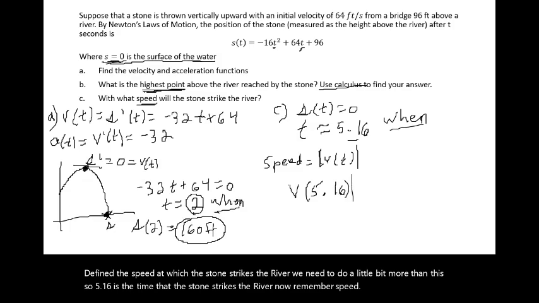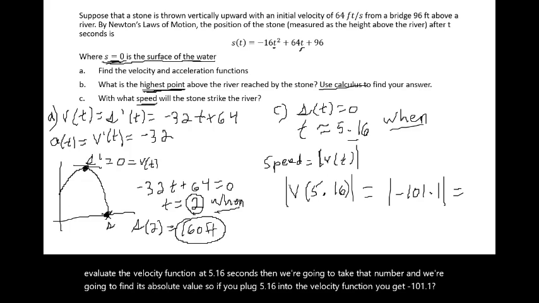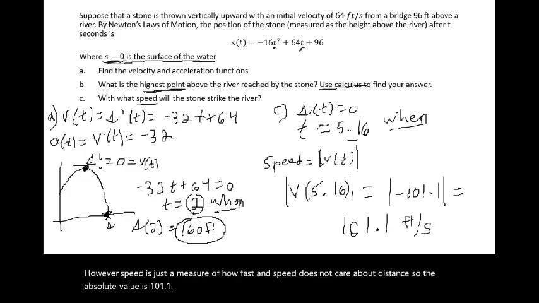Then we're going to take that number and find its absolute value. If you plug 5.16 into the velocity function, you get negative 101.1. However, speed is just a measure of how fast, and speed does not care about direction. So the absolute value is 101.1, and this is going to be in feet per second.